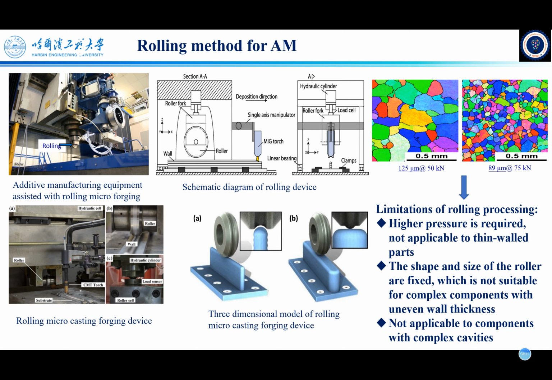However, there are some limitations for rolling processing. Higher pressure is required, not applicable to thin-walled parts.